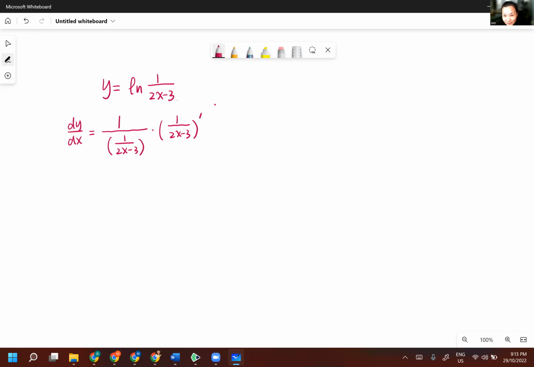It's dy du dx. Therefore, simplify. And then for this one, it's d high low minus d low high, divided by low squared.